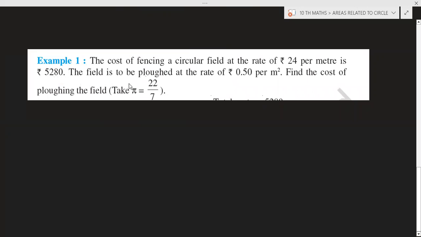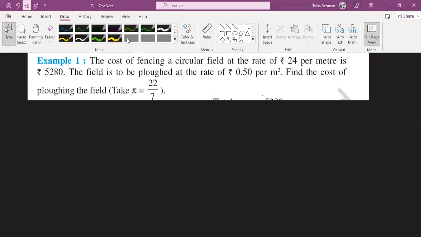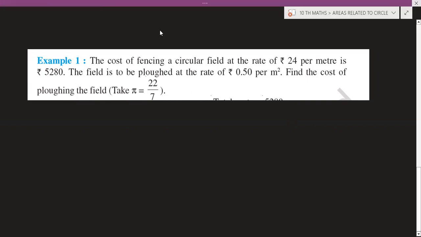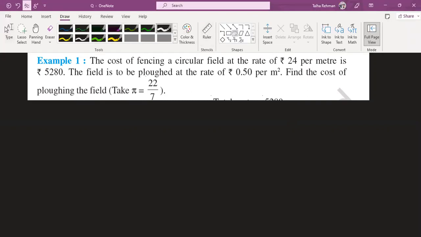The field is to be ploughed at a rate of 0.50 per meter square. Find the cost of the ploughing of the field. Take pi equal to 22 by 7. Means there is a circular park.